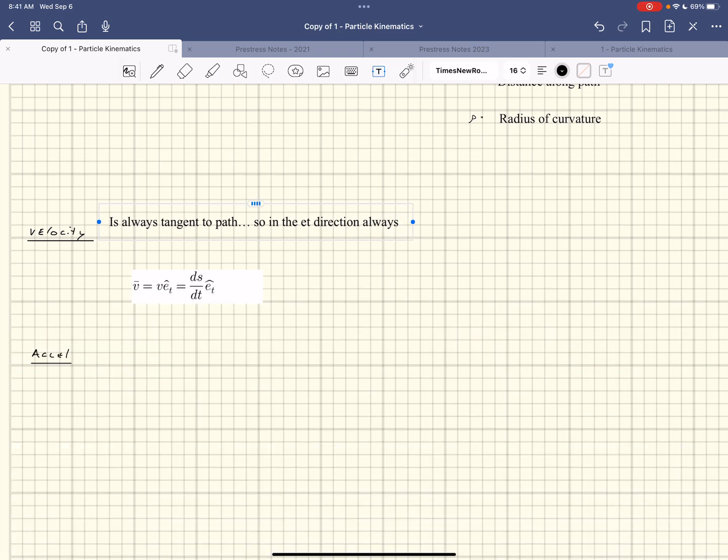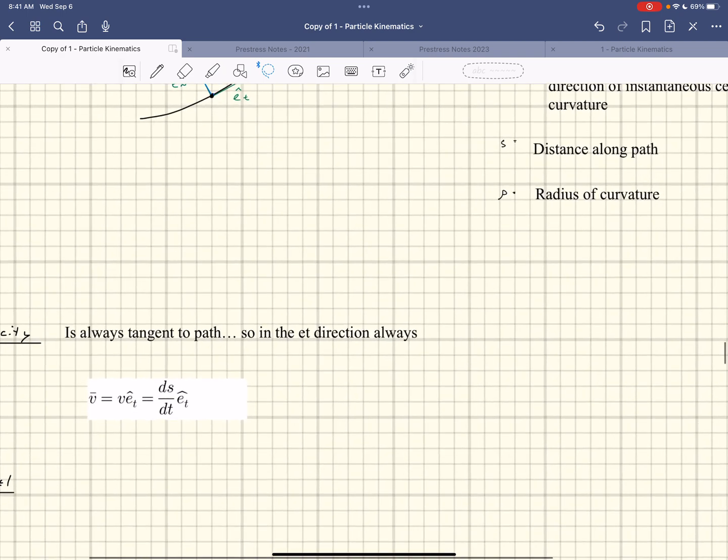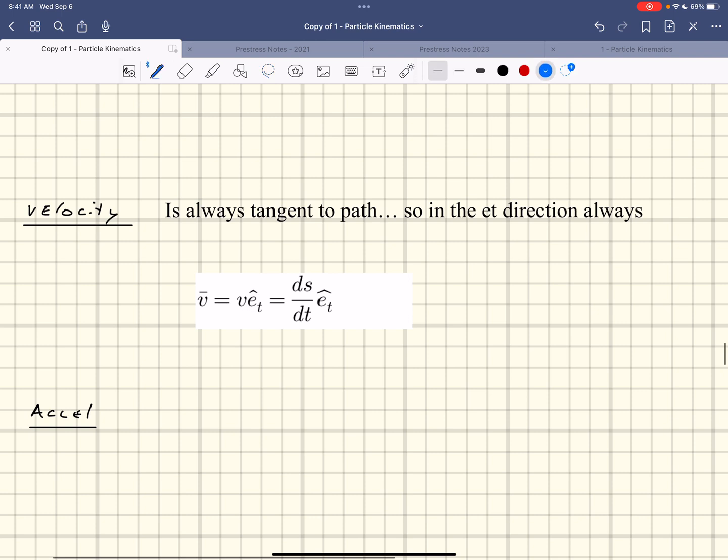When we talk about velocity in this coordinate system, ET is tangent to the path, so all of our velocity is always in the ET direction. It has to be, right? There is no EN direction component of velocity. If there's an EN component, it means it's not on the path. And so when we define velocity, it's just going to be the time rate of change of the position along the path in the ET direction.